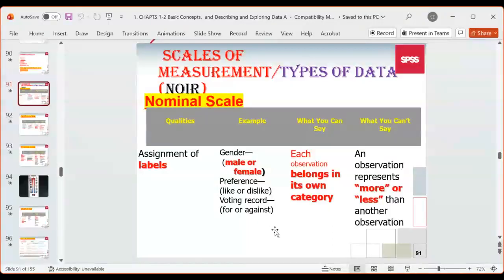I'm sure you know the number of your favorite basketball player, football player, or other athlete. They belong in their own category. So it's at the bottom. It's not really a very good measure.